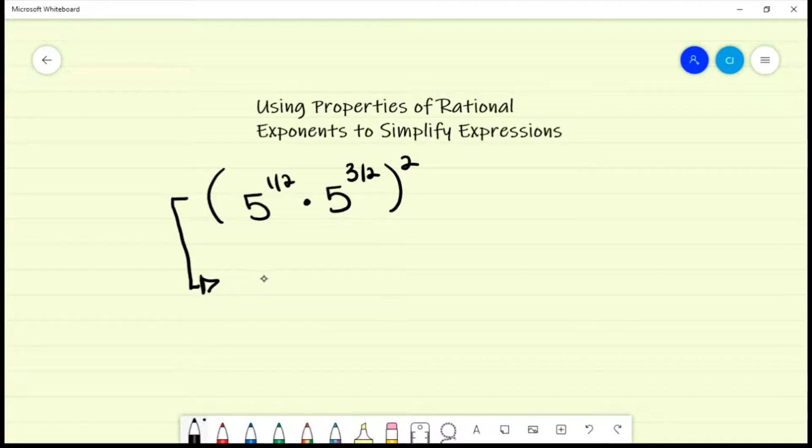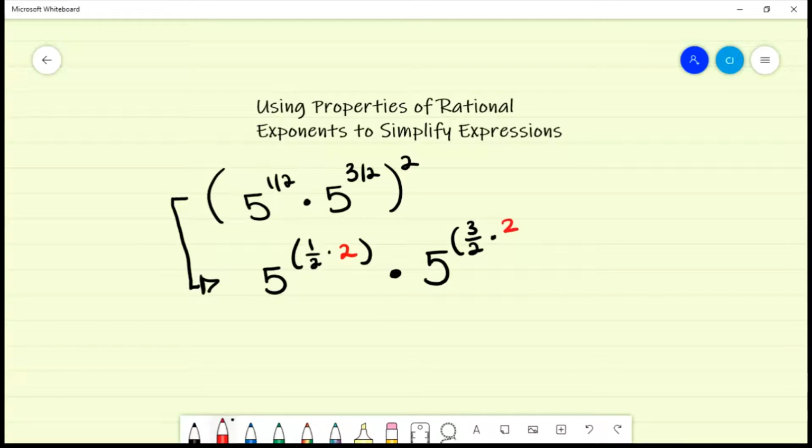So I'm writing this as 5 to the 1/2 power times my 2, which was on the outside. And I'm also going to write times 5 to the 3/2 power times the 2 that was on the outside of my parentheses.